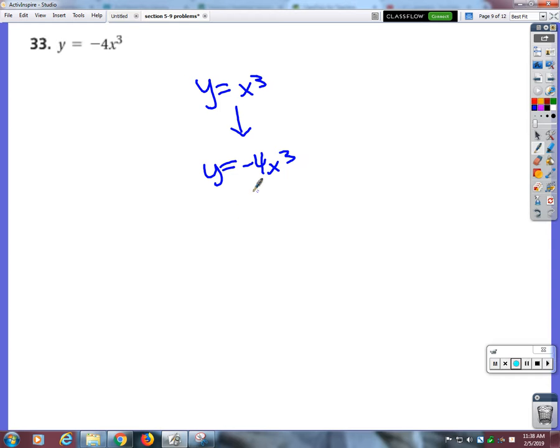Right, the negative is a reflection. So the negative in front of it is a reflection over the x-axis. Okay, what is the 4? Okay, good. And then the 4 is a vertical stretch.